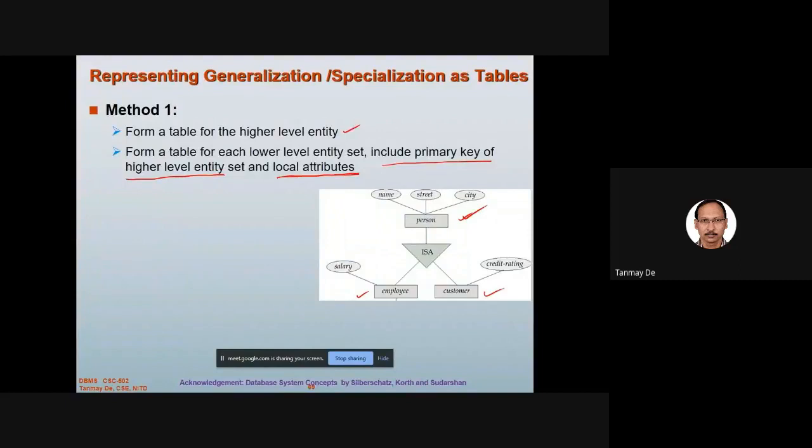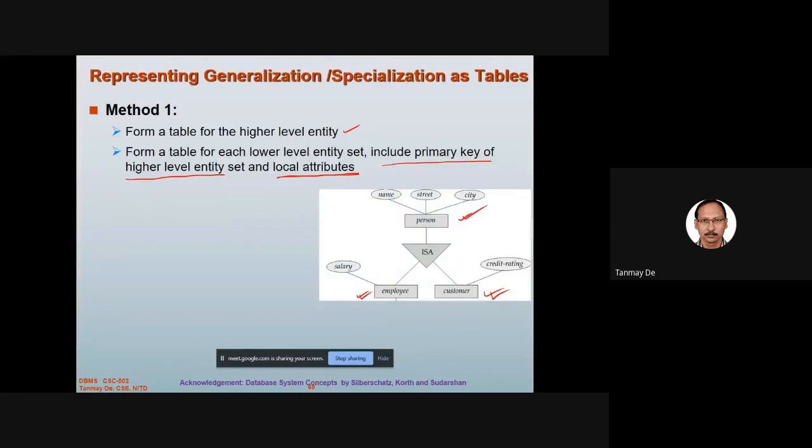Now in the case of the lower level entity sets, employee and customer, what are the fields or columns in the corresponding tables? Two lower level entity sets means two tables are required, one for employee and another for customer.